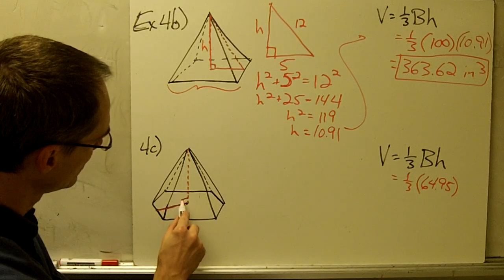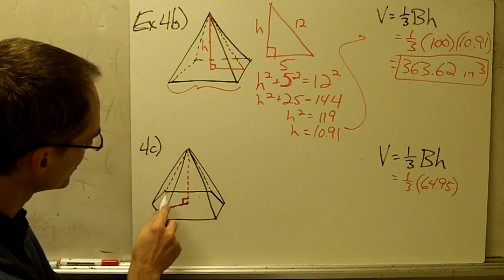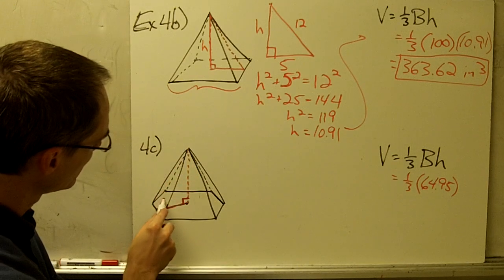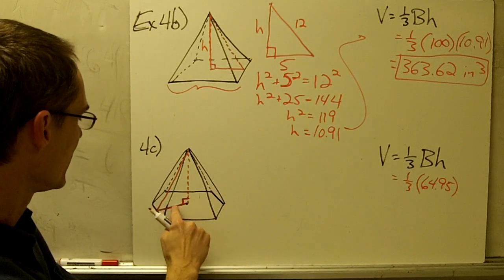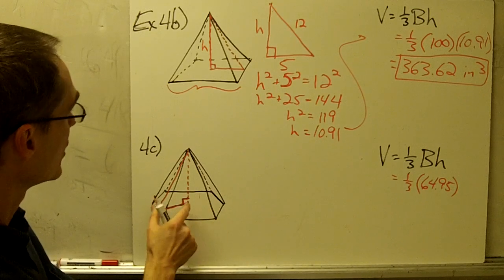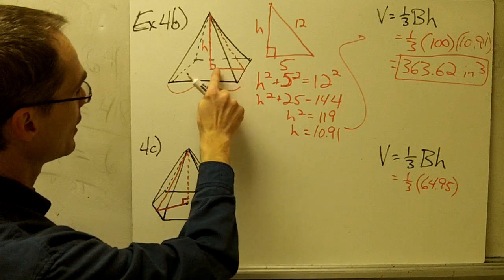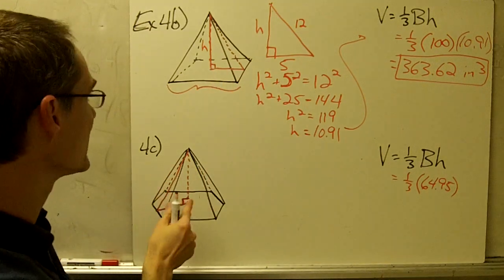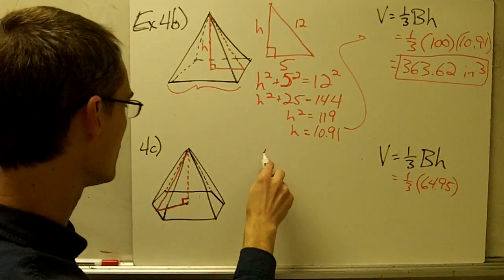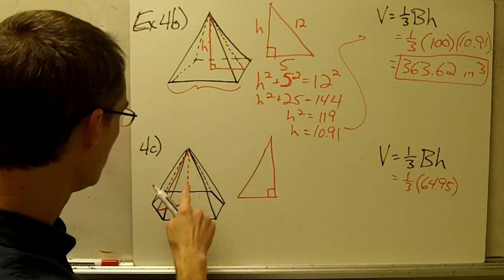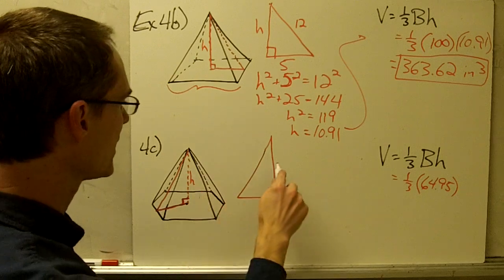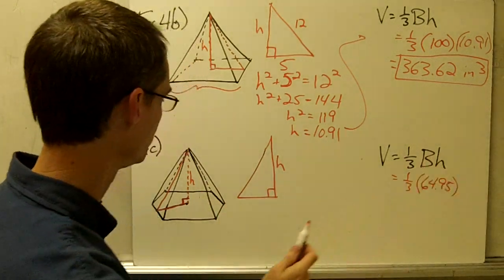And now once again, I have this right triangle inside my pyramid, which is made up of the height of my pyramid, this line here that goes to the midpoint of one of my sides, and then my slant height. So again, let me take this triangle here and break it out. This is the height of my pyramid. That's what I'm looking for over here.